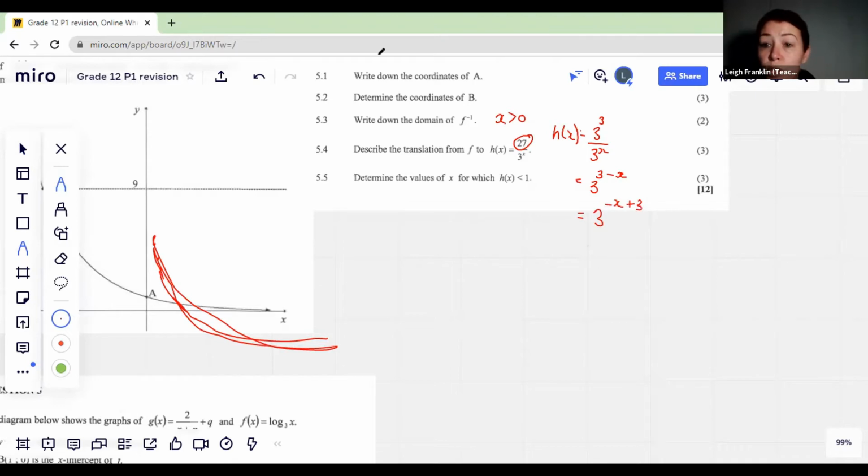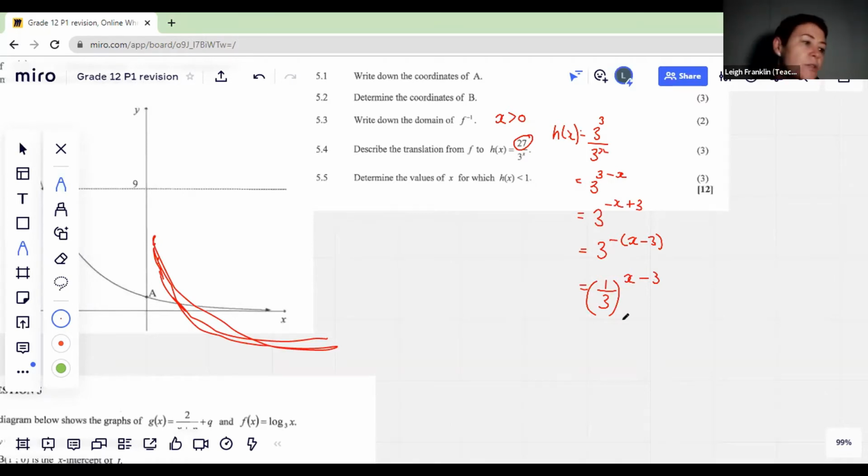What you want to do now is take the negative out, and in brackets, write x minus 3. Now, if you have a base with a negative exponent, we have to rewrite that with a positive exponent, and so we would end up with that. It's a whole lot of manipulation that needed to take place.